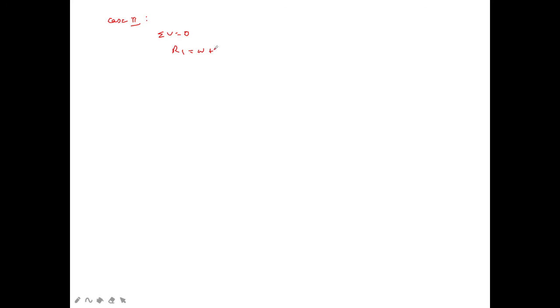That is a push we are applying, so the component of push in the vertical direction is sine 25 degree. So W plus 75 sine 25 degree.